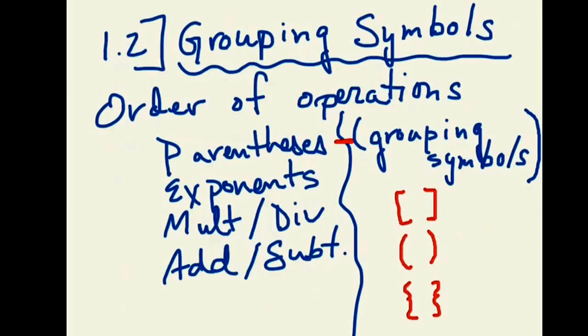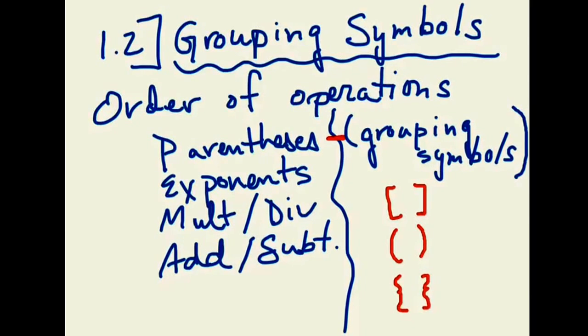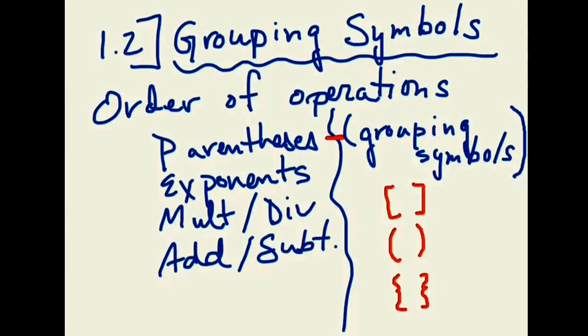Okay? Alright, so then we talk about grouping symbols. And we also talk about order of operations. And you can see order of operations is the same as where you've always learned it. Parentheses, which are grouping symbols. They include brackets, they include parentheses, and they include what are called braces.